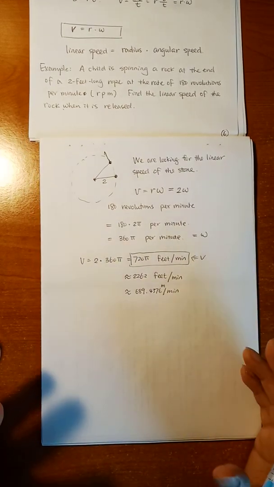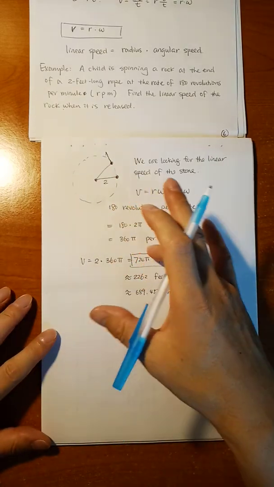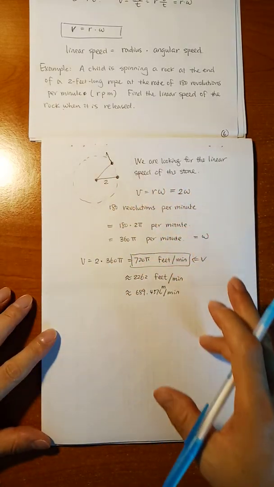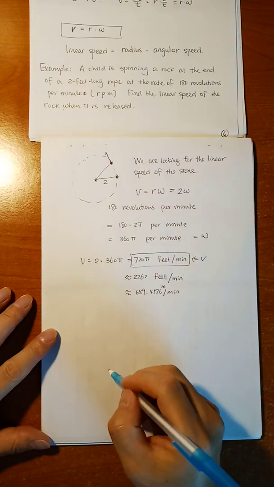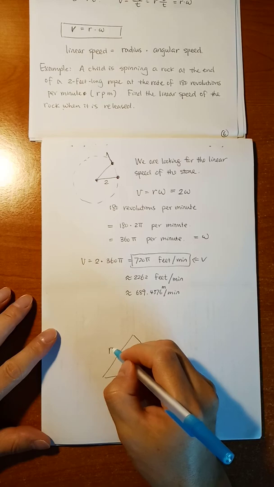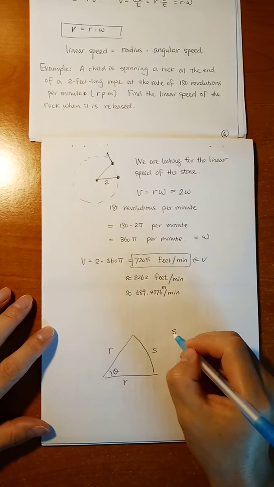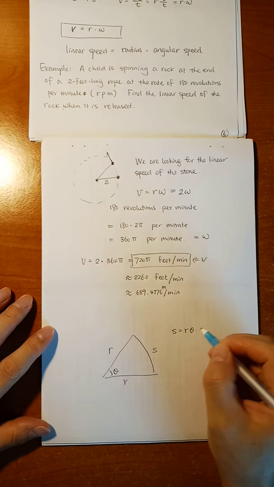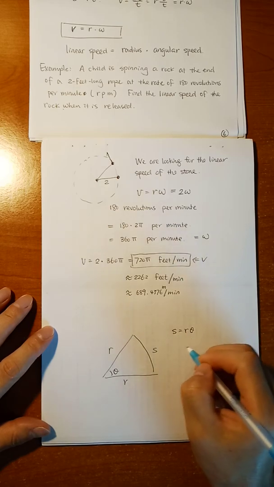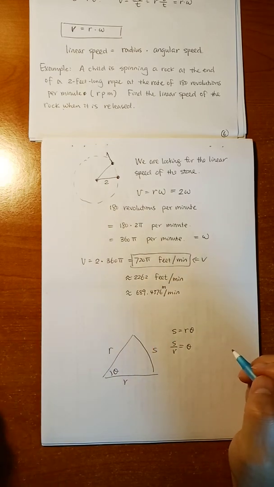And what is a radian? Radian is measured by the arc. In the formula, we learn this way: s is equal to r theta. Actually, theta is also equal to the arc over the radius.